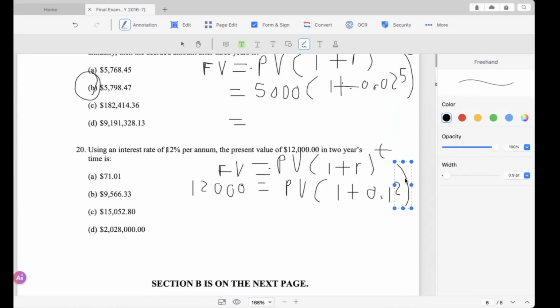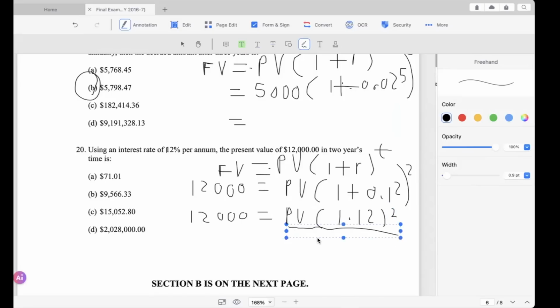And for t is 2 years, so I'm going to have 2. So this part, I have 12,000 equal present value, and this is going to be 1.12 raised to the 2.